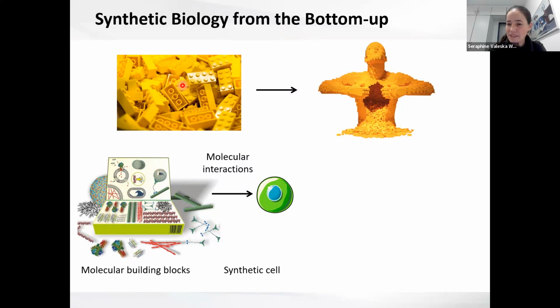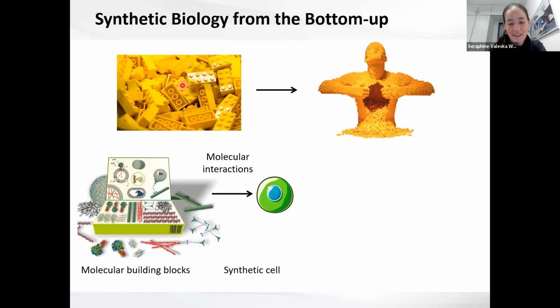By assembling molecules that come from biology, but also could be of synthetic origin, we can build cell mimetic systems that replicate certain cell functions that we associate with life. And by understanding how these building blocks work together and give rise to function, we can hope to engineer these cell mimetic systems and maybe one day really realize the big bang of chemistry and biology and transform non-living molecules into living ones.